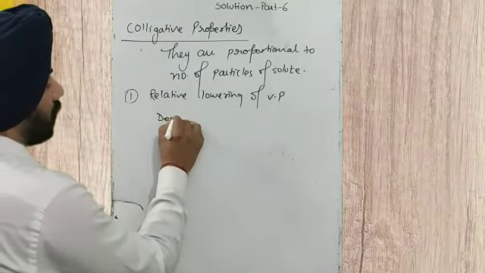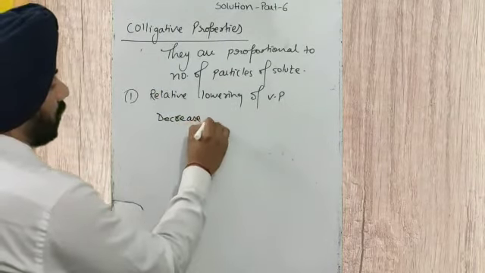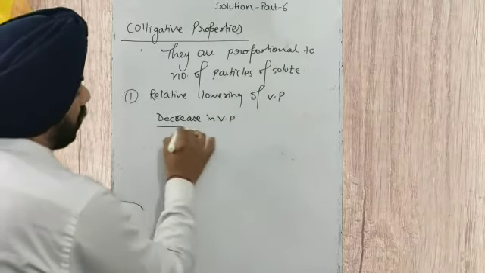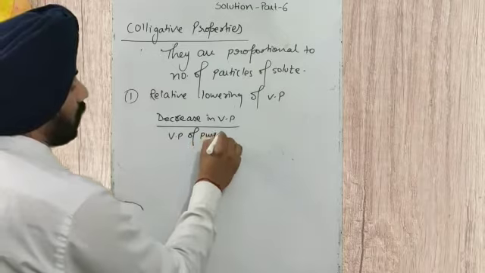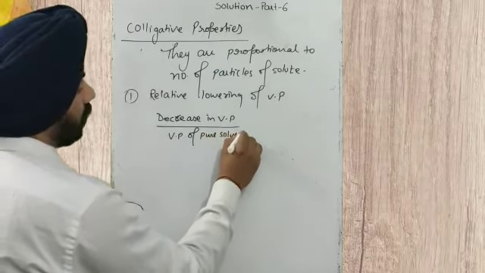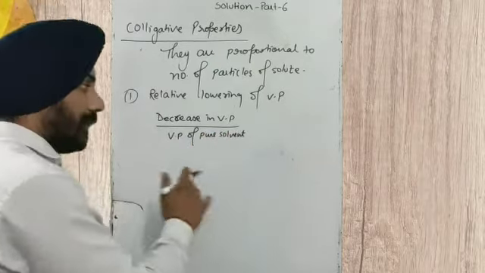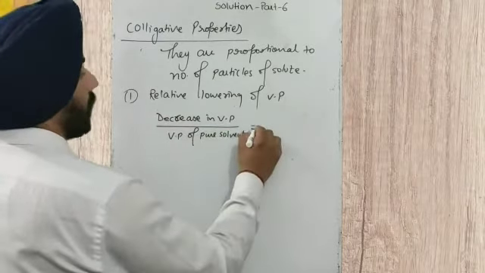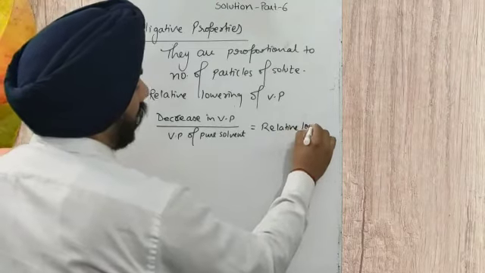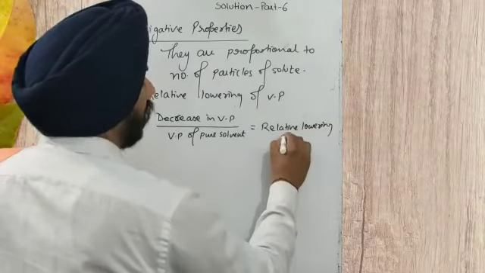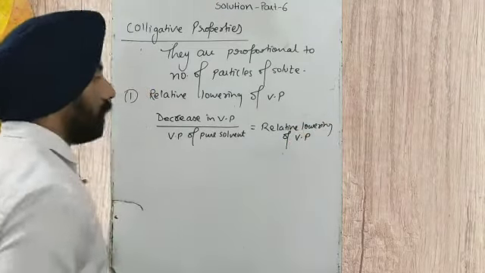Decrease in vapor pressure upon vapor pressure of pure solvent. Okay, this is called relative lowering of vapor pressure.